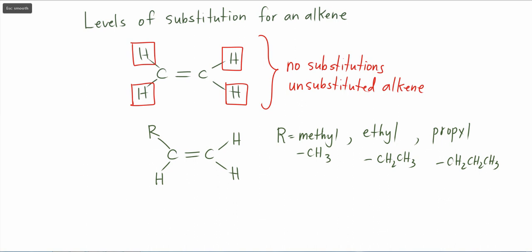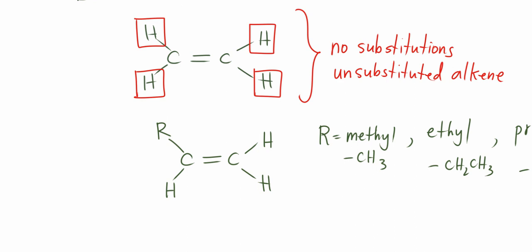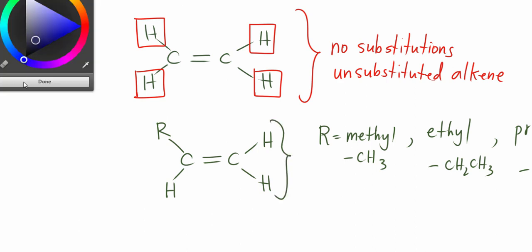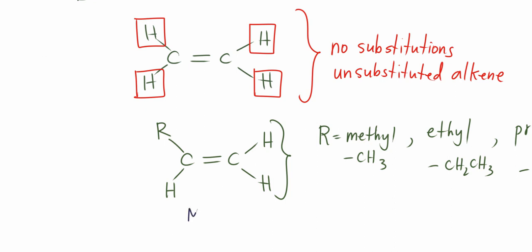So if I substitute one hydrogen in ethene, this gives us a monosubstituted alkene.